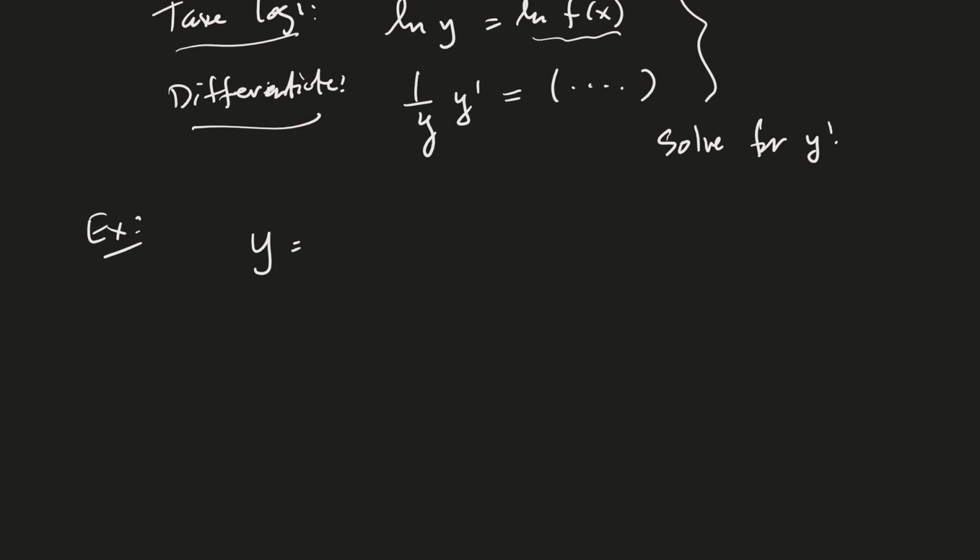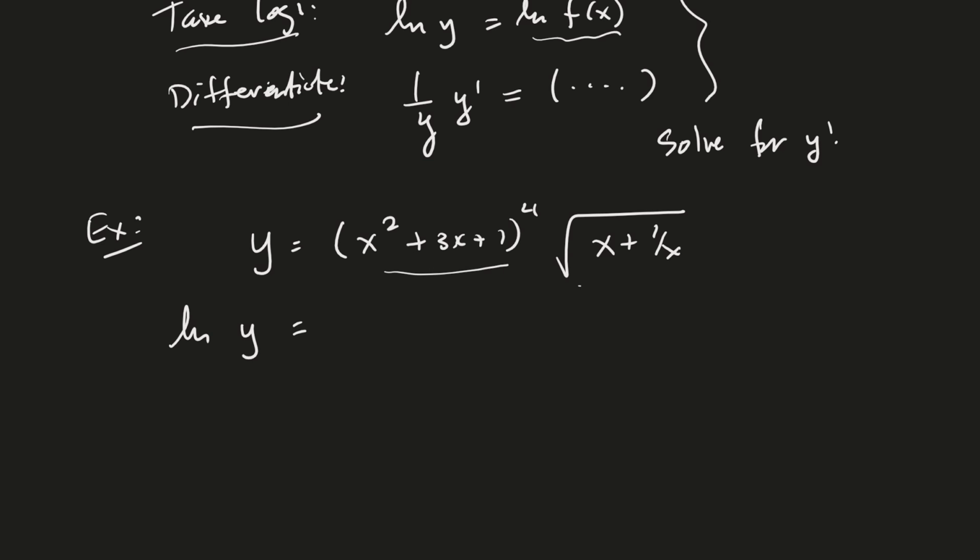y equals x squared plus 3x plus 1 to the 4th power maybe times the square root of x plus 1 over x. Okay, and so the idea is if you have a big product or quotient, then the logarithm actually simplifies things quite a bit. Because if we take the logarithm before we differentiate, then remember the rules of logarithms.